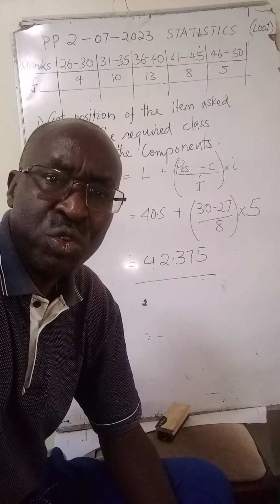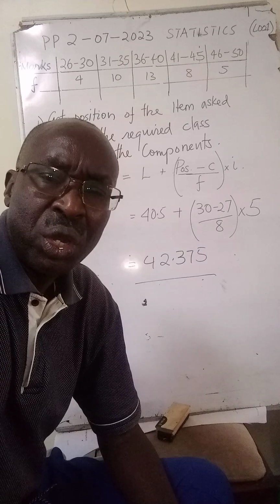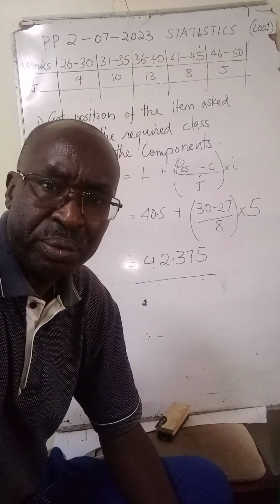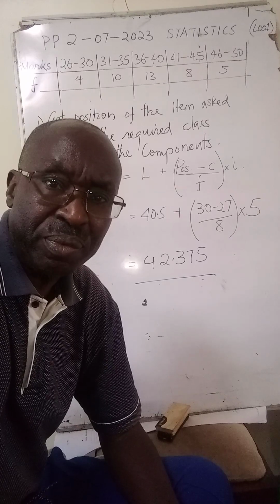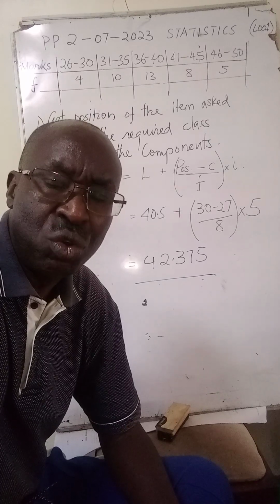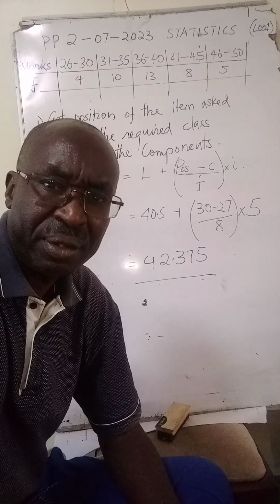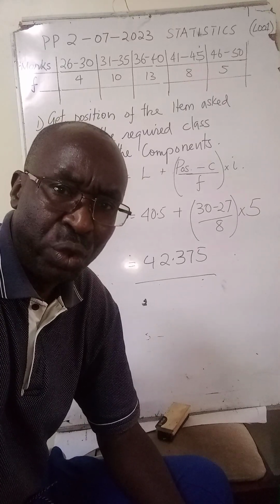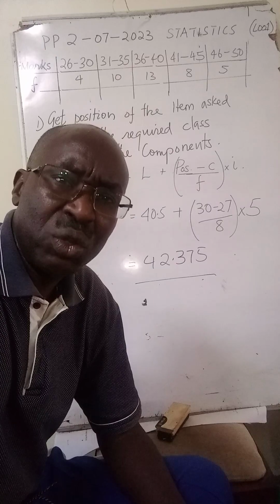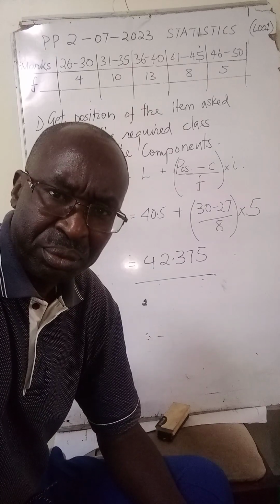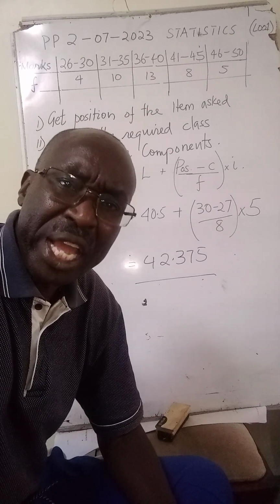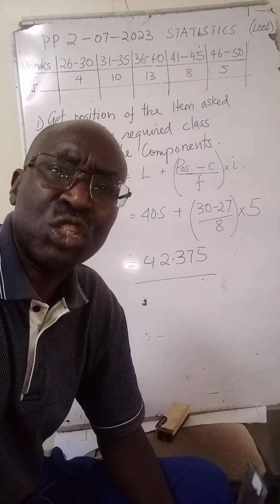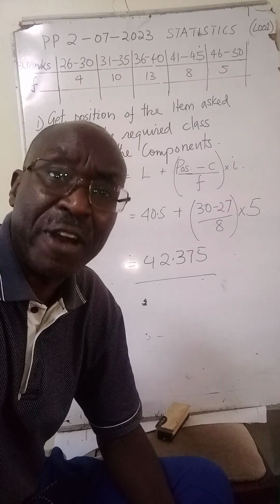And you have to know how to draw a histogram and frequency polygon. And in the histogram, you need to know also how to draw the median line. Hopefully we shall cover all those, God willing. But let us look at this and pay special attention to what you can score within your limit first.